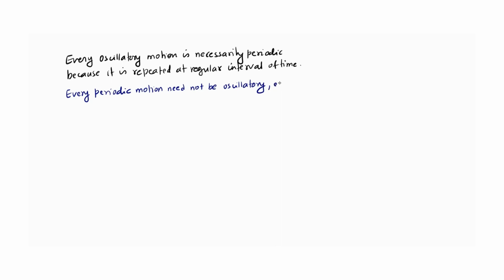Example, Earth completes one revolution around the sun in 1 year.